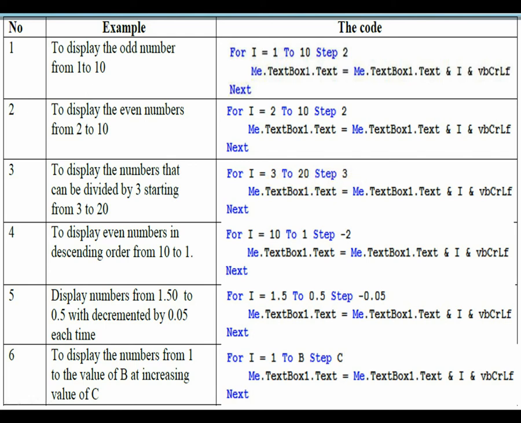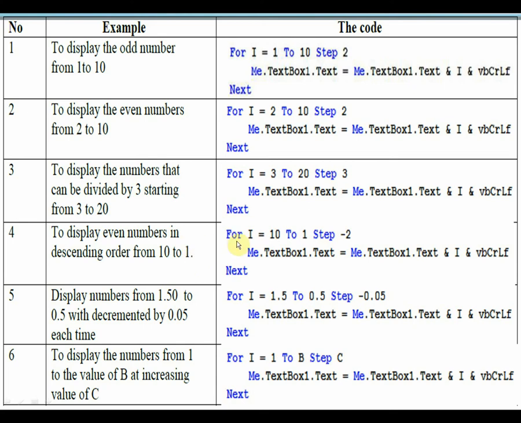What if I want to decrease numbers, descending numbers, decrement, not increment, to display even numbers in descending order from 10 to 1? This means that I want to decrement.